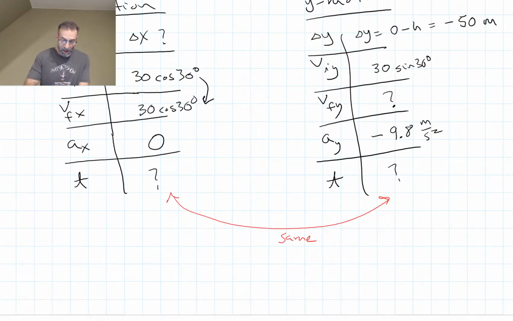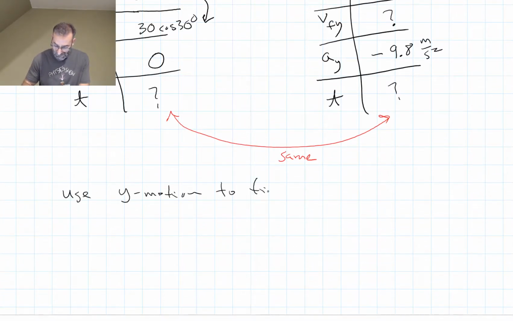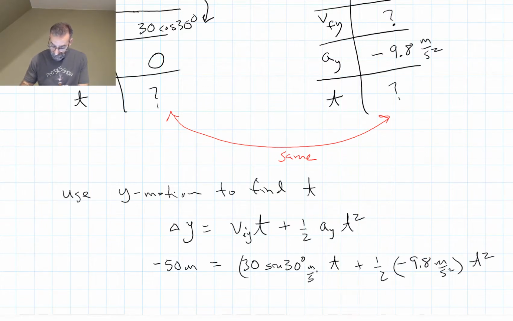So we can use the y motion to get time. Then we can plug that into the x motion and solve for distance. So I'm going to use an equation that's missing v final. Now I can plug everything in that I know and solve my quadratic for time.